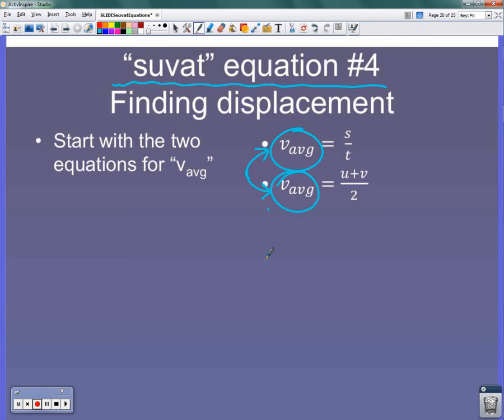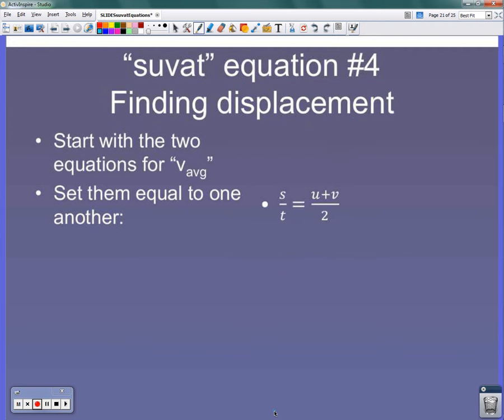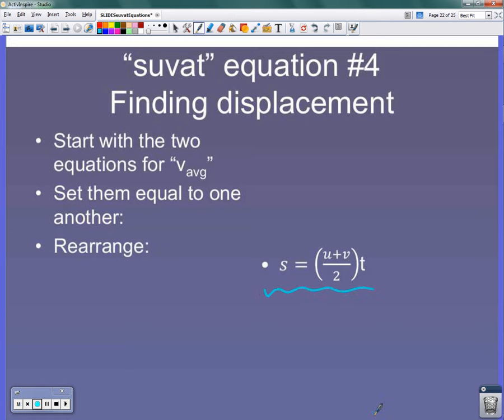So, if A equals B and B equals C, remember A equals C. And we have a situation like that here. So we can set this equal to this. And when we do that, we end up with this expression here. We rearrange, get S by itself, and we end up with a fourth expression.